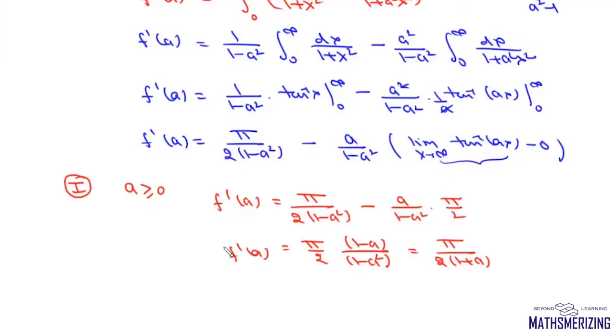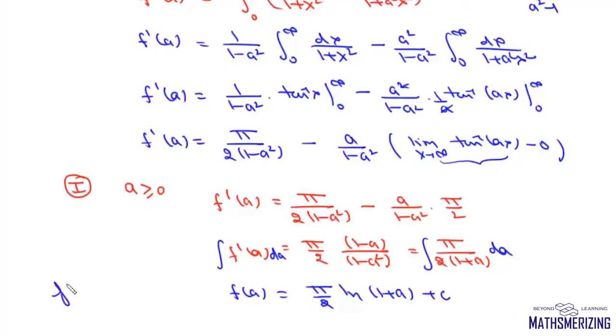Now we'll integrate this function with respect to a. So this is nothing but f(a), and it'll be pi by 2 log 1 plus a plus c. Now the initial condition is when the value of a is 0, the value of this function is also 0. So this is 0. Now we'll put a as 0, log 1 is 0, plus c.